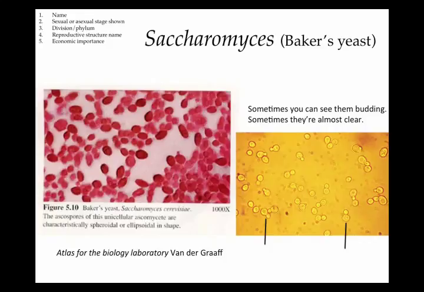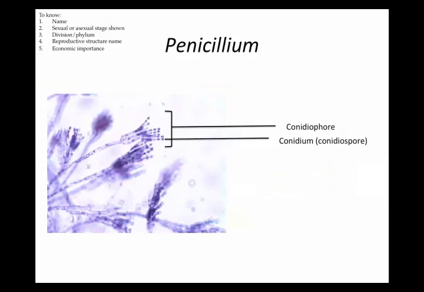That's the Candida. Maybe I'll make that a bonus. The Candida causes the yeast infections. It actually lives in the vaginal lining most of the time, but every once in a while it gets a little out of control. Okay, reproductive structure, budding.